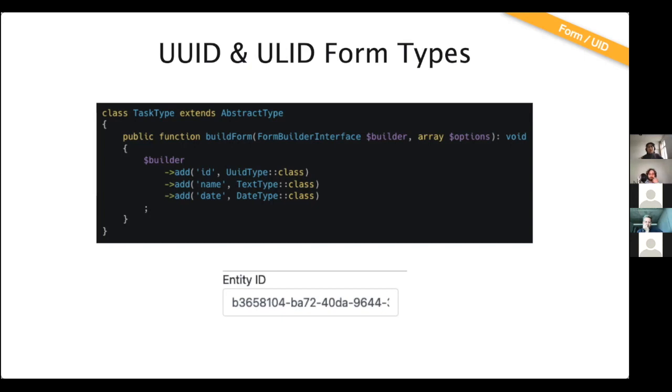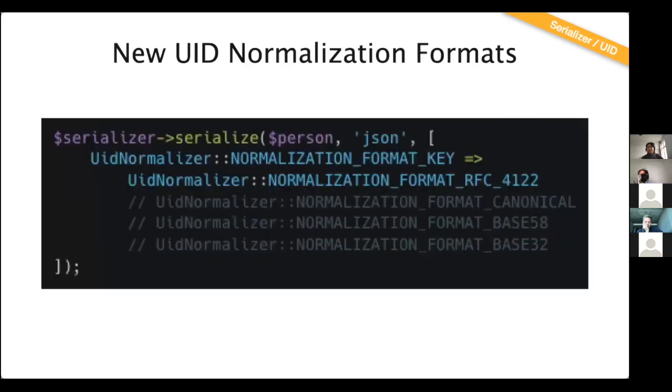That's super convenient. The other integration that was improved was the one with the serializer. Symfony 5.3 now comes with the ability to specify the normalization format that you would like to have.